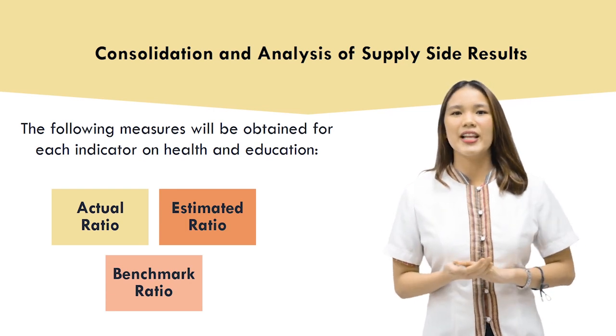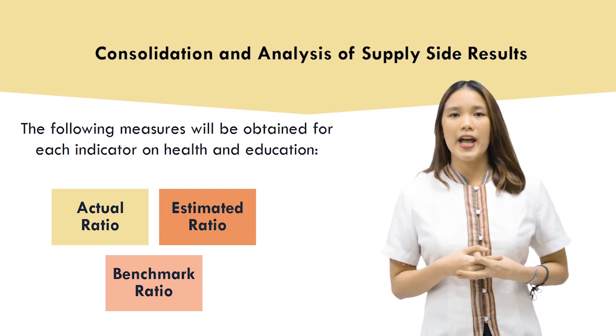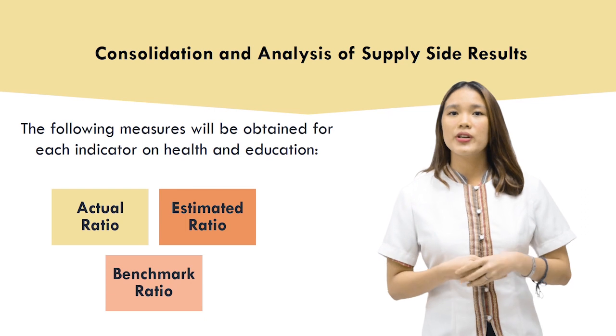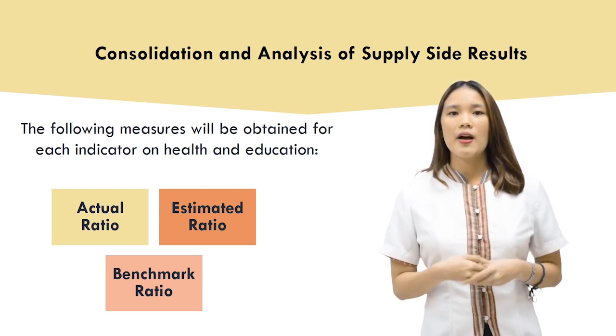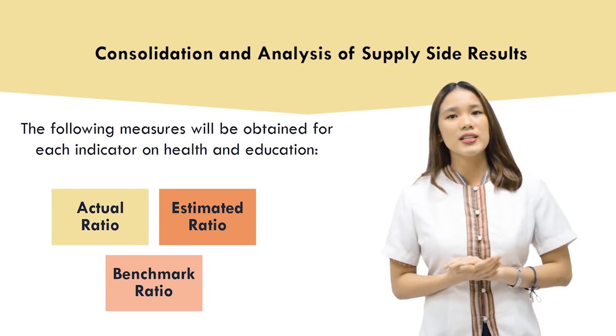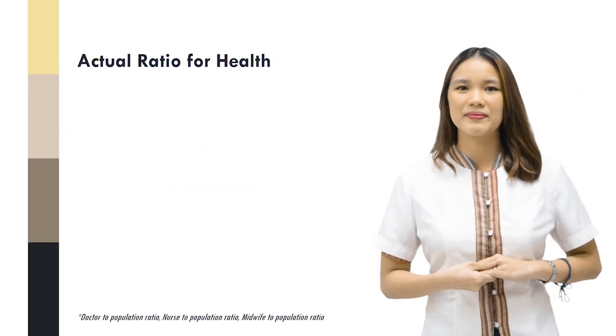These are the ratios that I mentioned a while ago, 1 is to 20,000 for the doctor to population ratio. The estimated ratio is calculated based on the demand due to 4Ps, while the actual ratio is calculated based on the data gathered using the SSA tools.